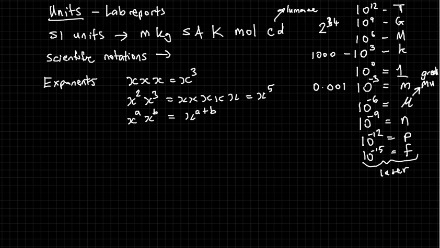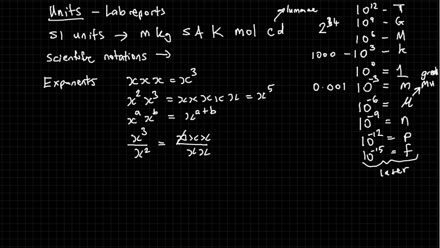That makes sense. Now let's say we have x cubed over x squared. Now let's write that out. So that's x times x times x divided by x times x. And because we know that something over itself, so 3 divided by 3, is 1, we can actually cancel out some of these x's.